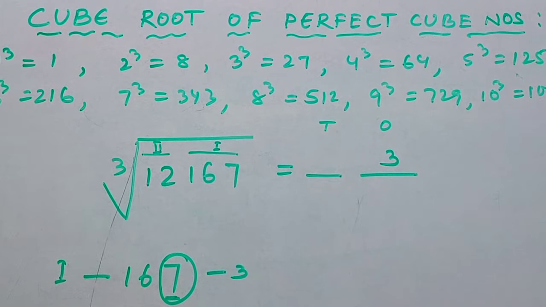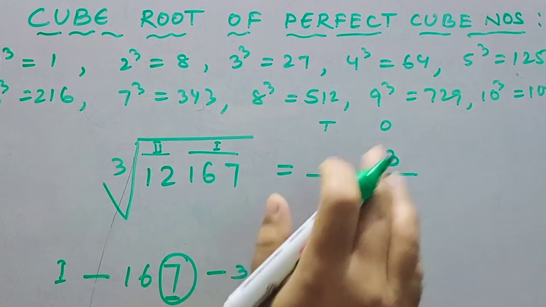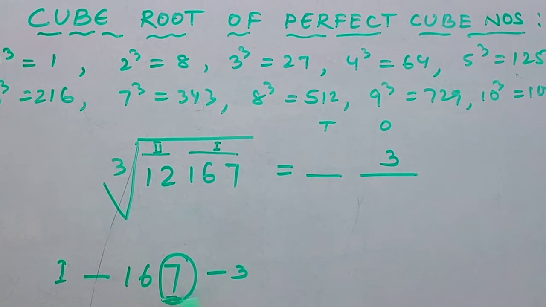Okay, so now the second group. What is the second group now? The second group is 12. Now this method and that method will be different. Here we found the digit in the ones place by seeing the last digit.